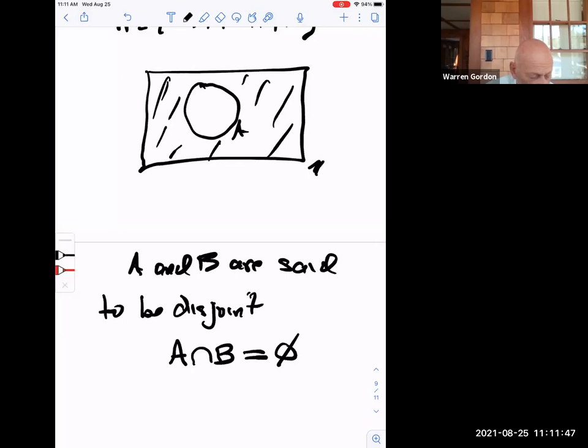So sometimes we'll talk about disjoint sets. That just means they have nothing in common. Okay.